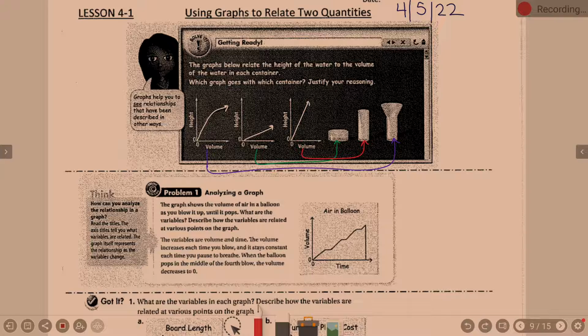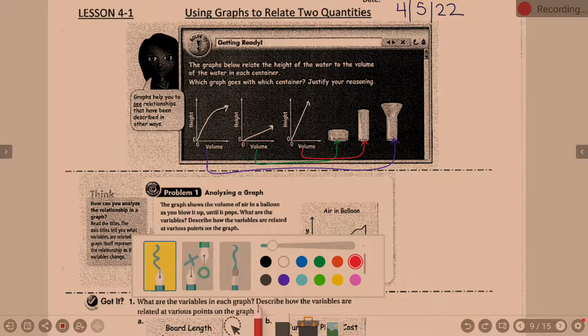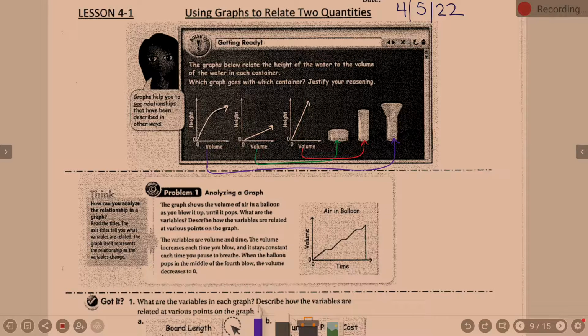The graph shows the volume of air in a balloon as you blow it up until it pops. What are the variables? And describe how the variables are related at various points on the graph. So one of the things you have to do is be able to pull out the variables. Where do we find the variables on the graph?